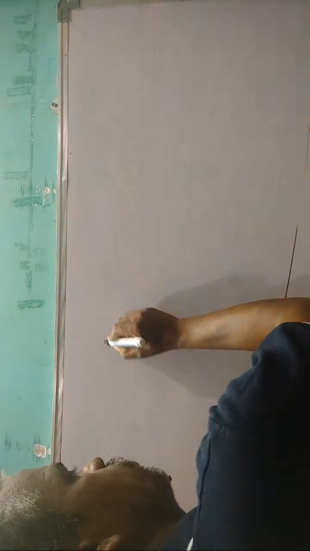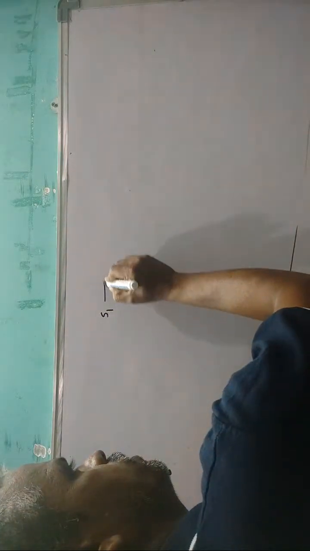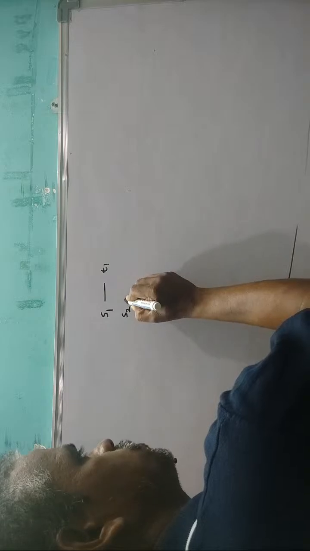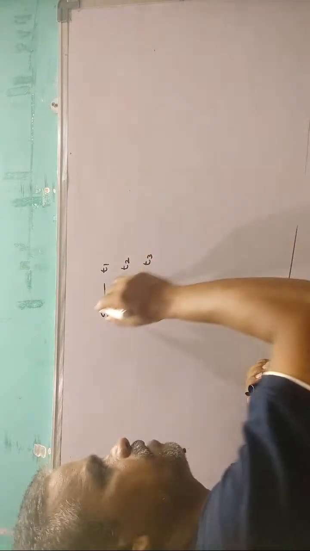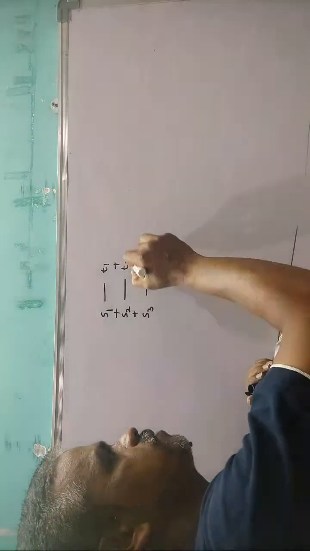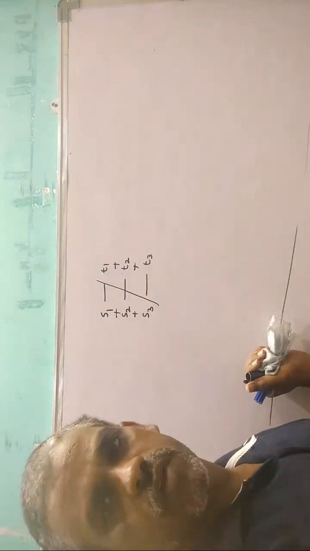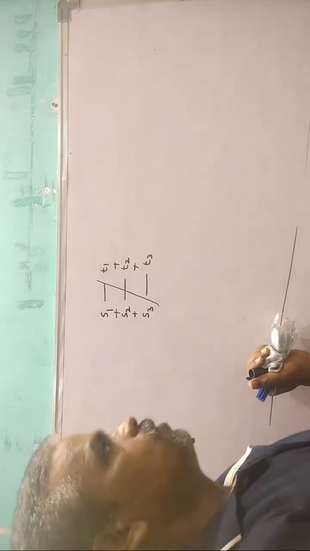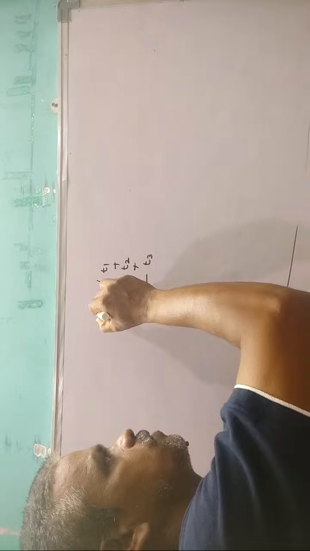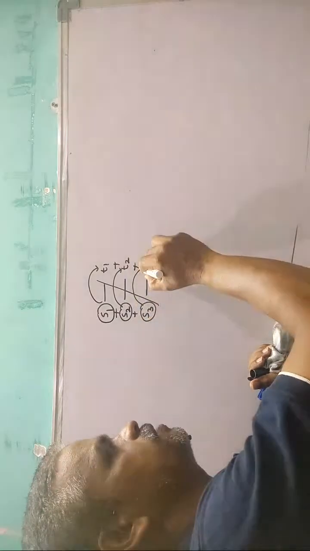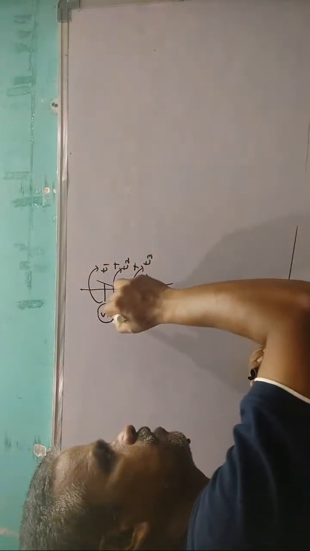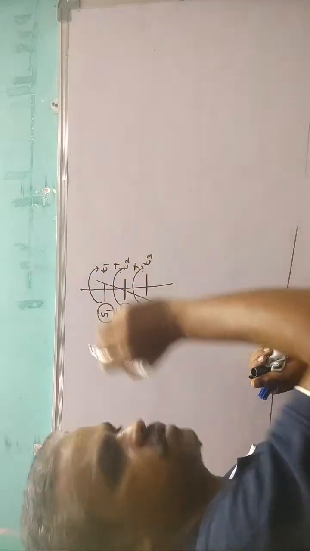See here, a body S1 displacement in T1 time, S2 displacement in T2 time, S3 displacement in T3 time. So this is average velocity. Simple. So a body covered S1 displacement in T1 time, S2 displacement in T2 time, S3 displacement in T3 time. Just S1 plus S2 plus S3 by T1 plus T2 plus T3.